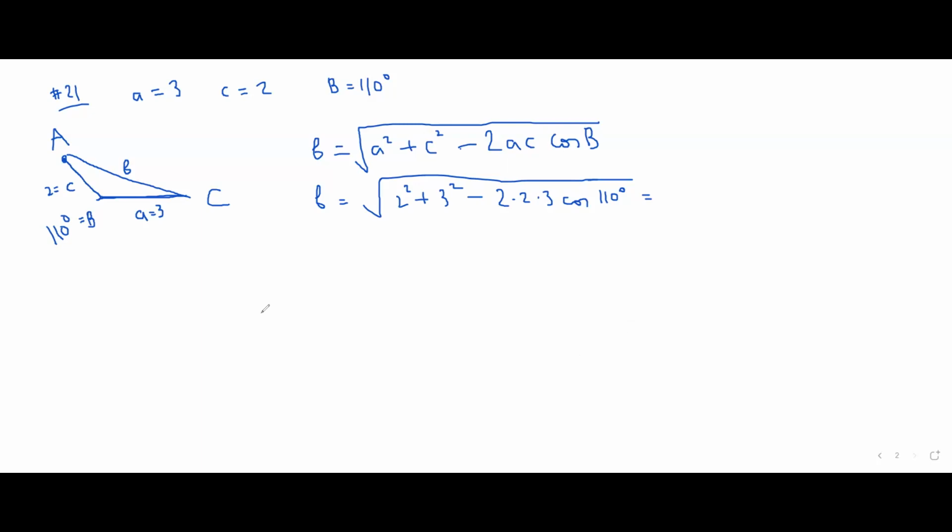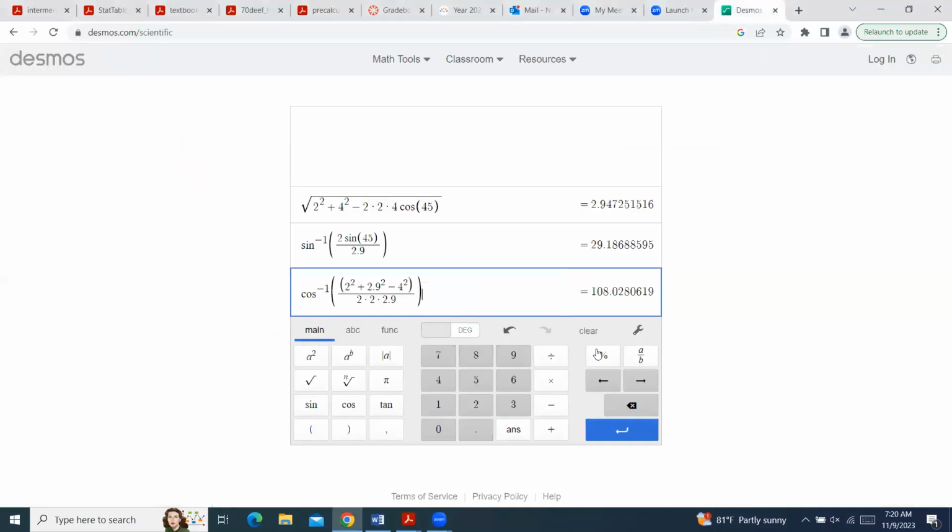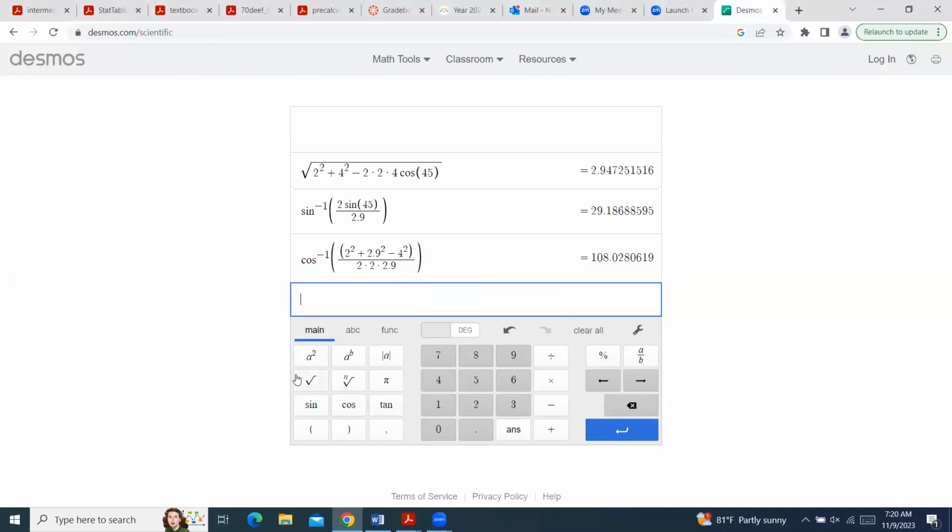So I'm going to be sharing my calculator. So let's see. This is a square root. And now inside the square root, I'll put this little by little, such as 2 squared plus 3 squared, right?